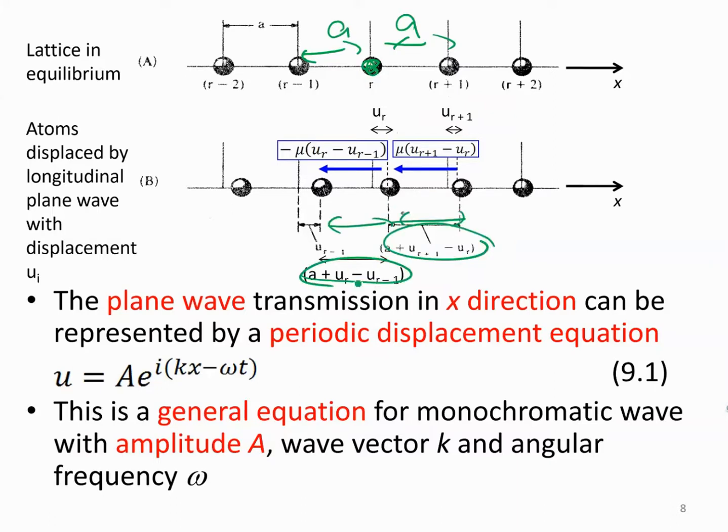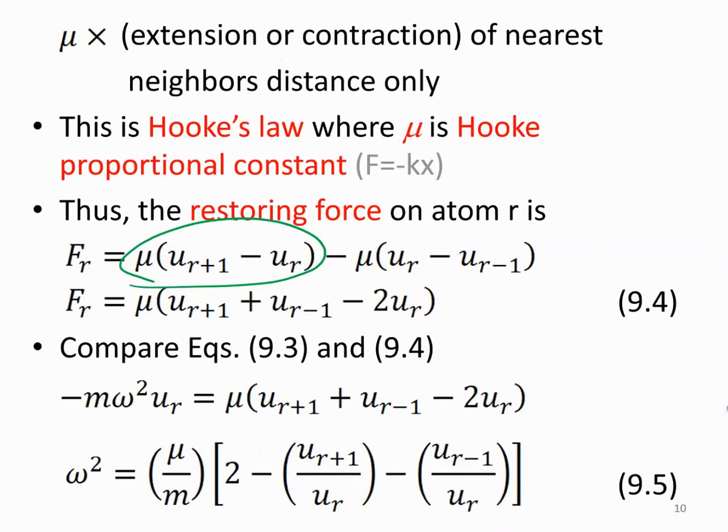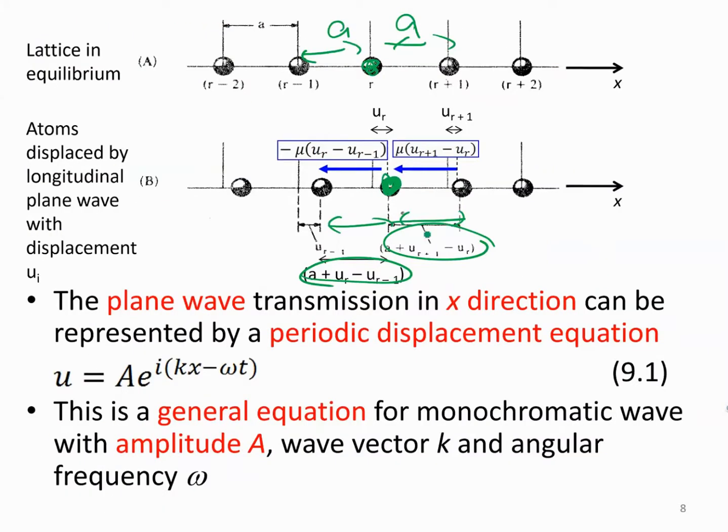So now, you want to know what is the spring force acting on this atom. So we use the Hooke's constant, F equal to negative Kx, but you want to know what is the difference between these two, between this and this.